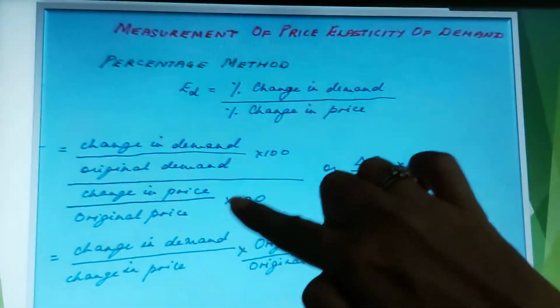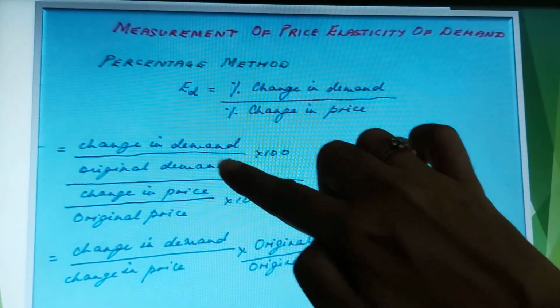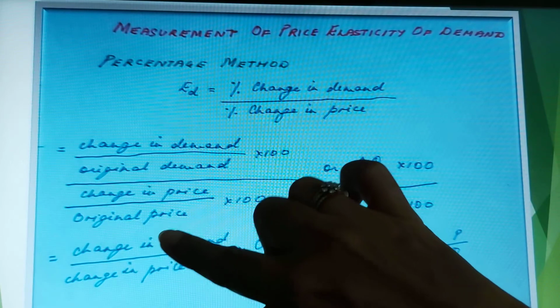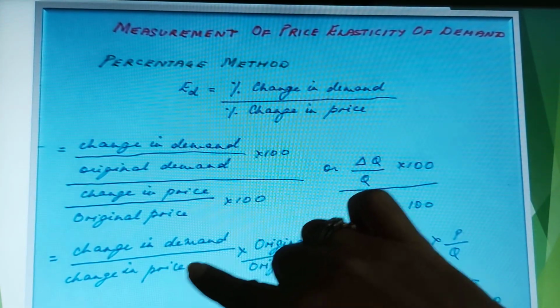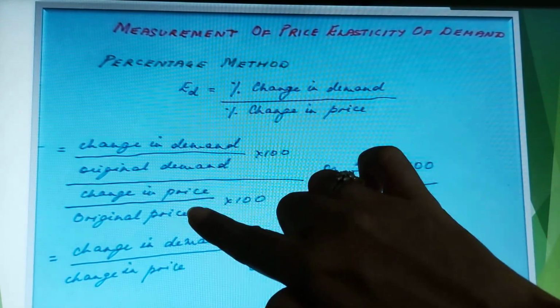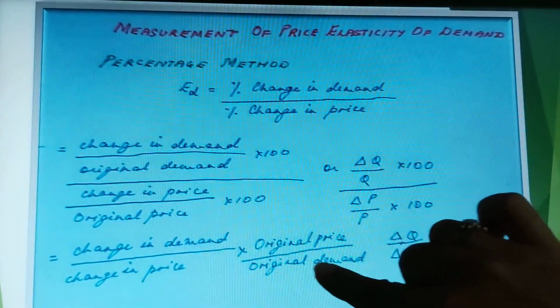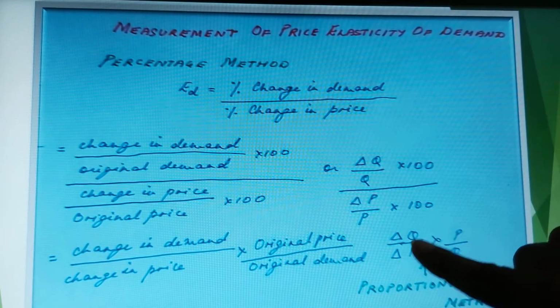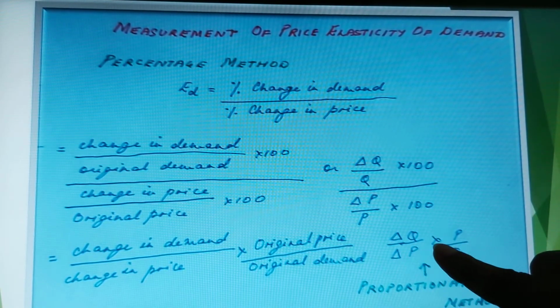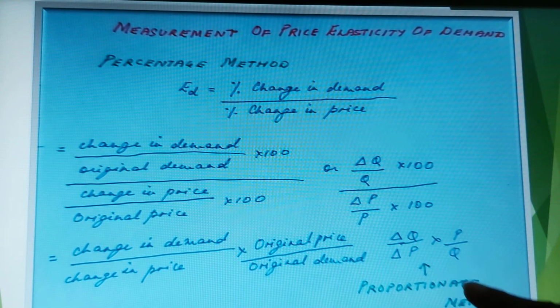Now, this 100 and 100 get cancelled. So the next one will be change in demand upon change in price into original price upon original demand. And we write this as delta Q upon delta P into P upon Q. So this is the proportionate method.